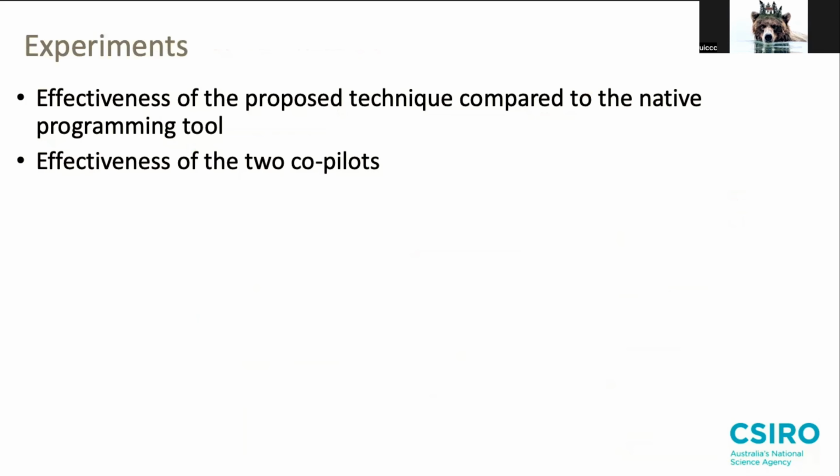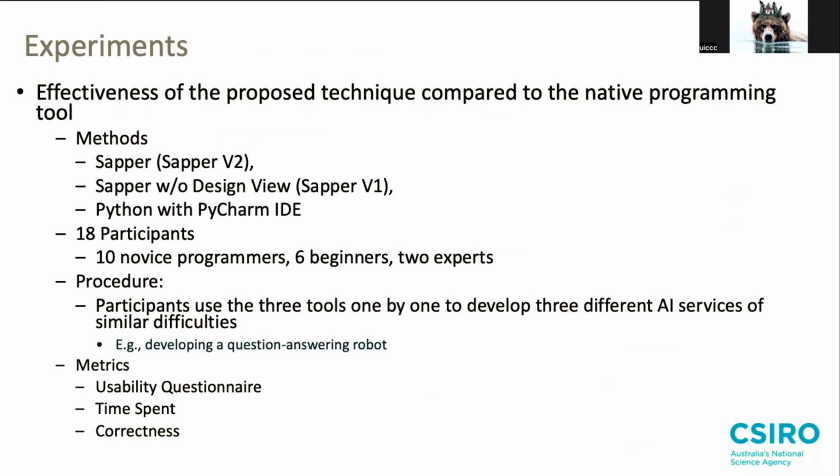So in terms of experiments, we conducted several user studies to evaluate the effectiveness of our proposed technique compared to the native programming tool Python. We also conducted several user studies to evaluate the different modules of our system. I will only go through the first user study given the time constraint.